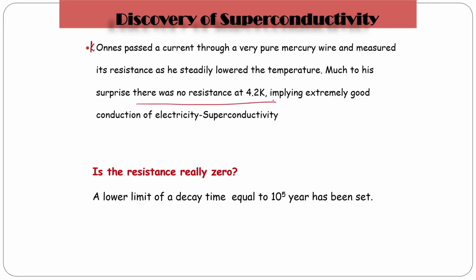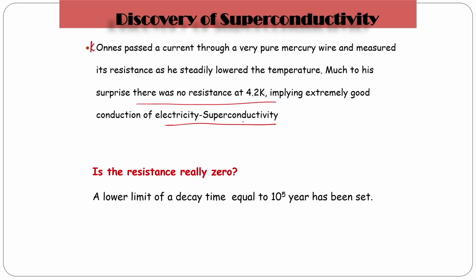What he found is that there is no resistance below a certain temperature, 4.2 Kelvin, implying that there is very good conduction, and the name superconductivity arose from there. He saw the resistance go nearly to 0, to 10 to the power minus 5.